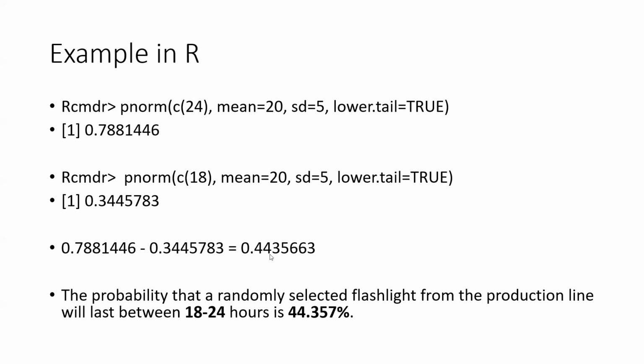So we move this decimal over 2 places to the right. And the final outcome is the probability that a randomly selected flashlight from the production line will last between 18 and 24 hours is 44.357%. Okay, so this is a little tricky, so I'm going to illustrate what's going on in Paint.